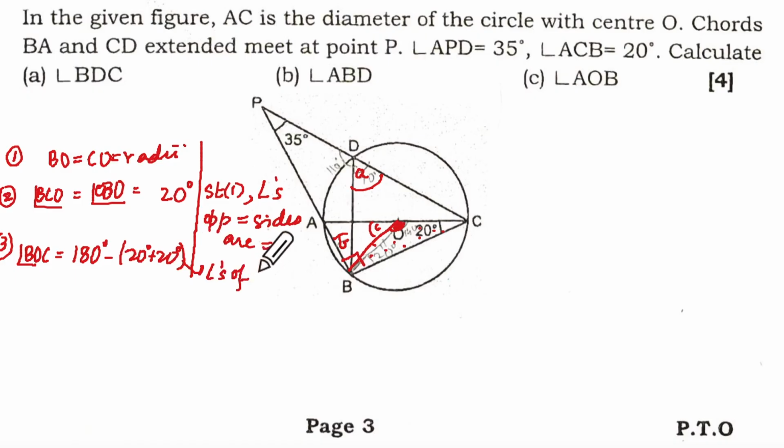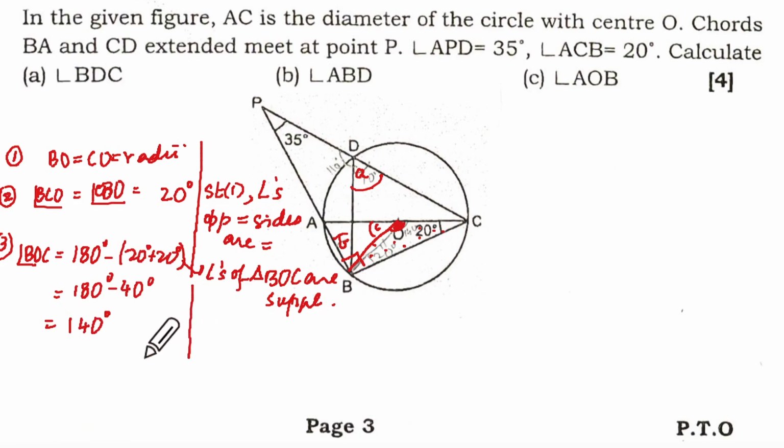Angles of a triangle BOC are supplementary. That will give you 180 minus 40 degrees. Make sure that you're writing this properly, and then I will connect it with BDC.